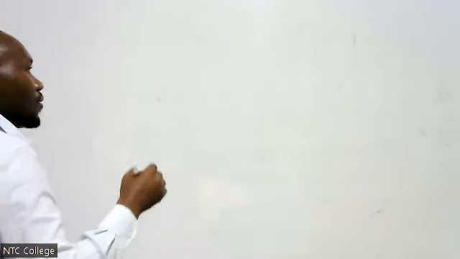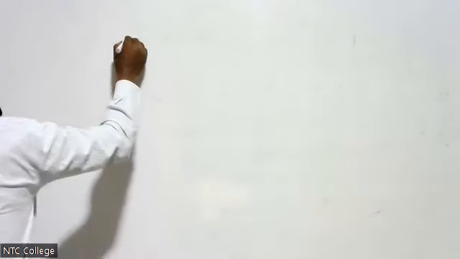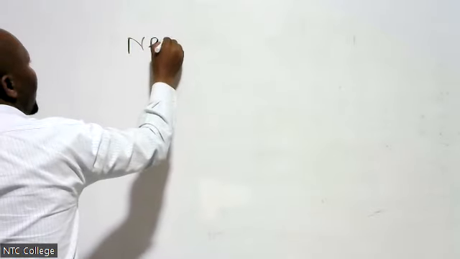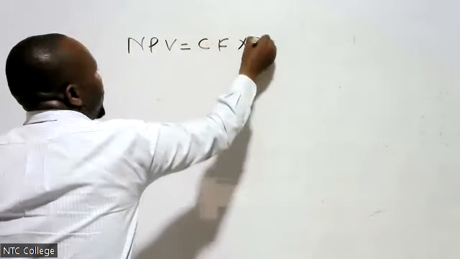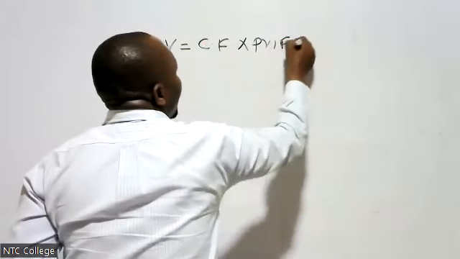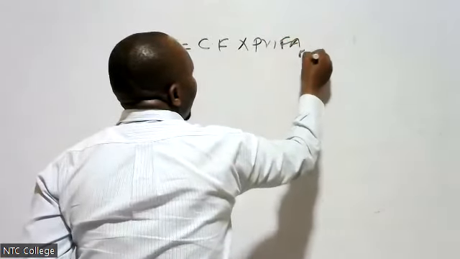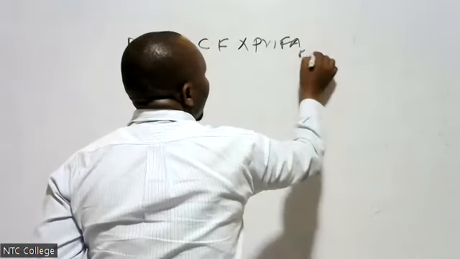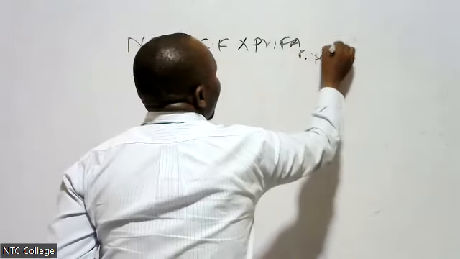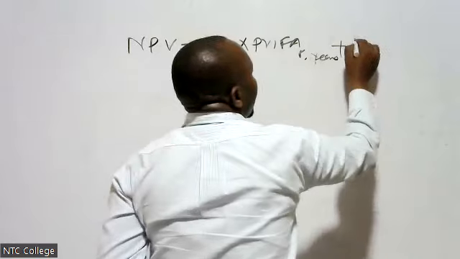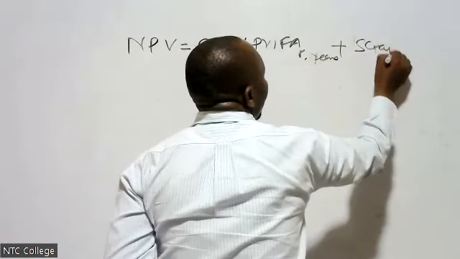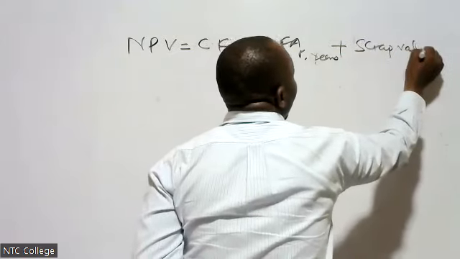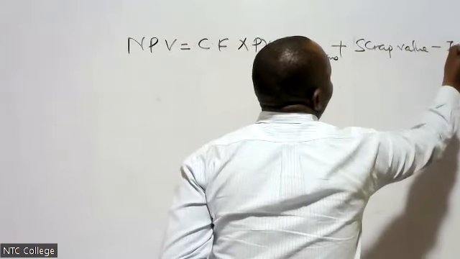PVFA, thank you. So if it is PVFA, we normally say that NPV is equal to the cash flow times PVFA at a certain rate for certain years, plus the scrap value, minus IO.